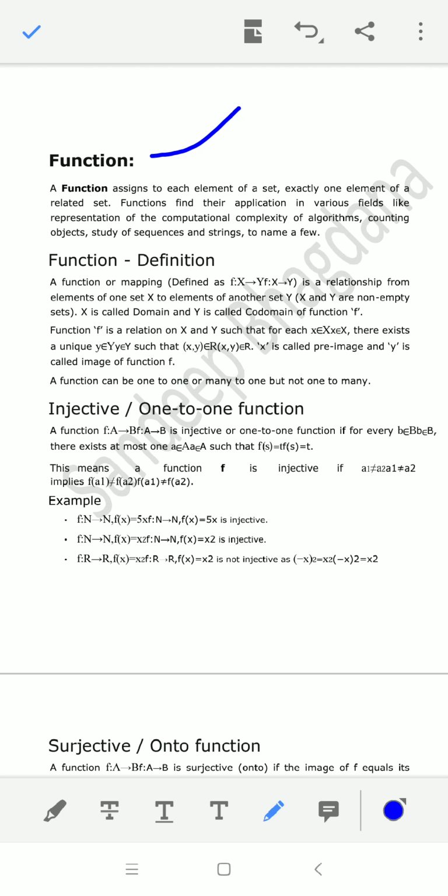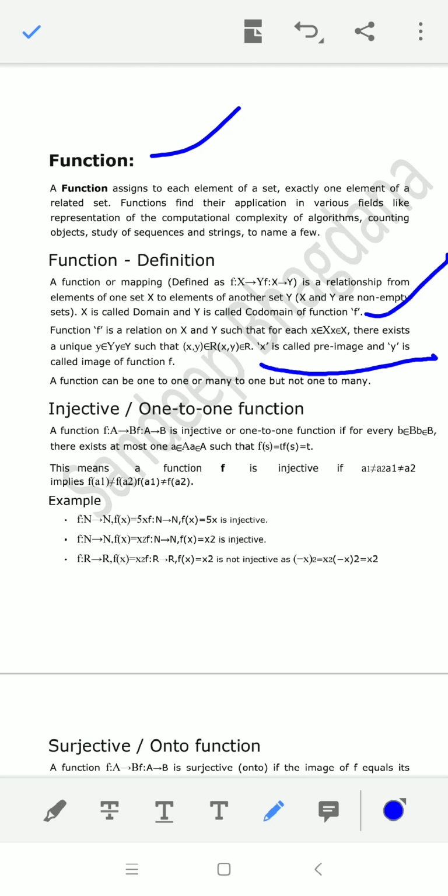Function f is a relation on X such that for each x in X there exists a unique y such that (x, y) is in the relation; x is called the pre-image and y is called the image of function f.